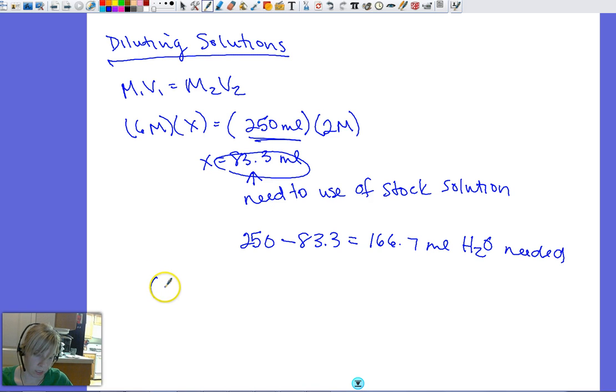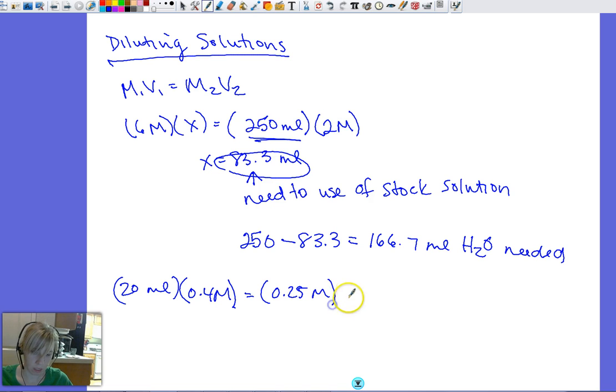So we're starting with 20 milliliters of a 0.4 molar stock solution, and we want to turn that into a 0.25 molar solution, and we need to know how much will we need to make.